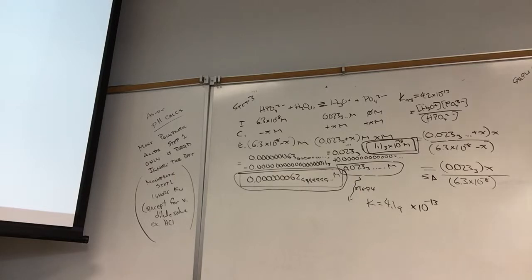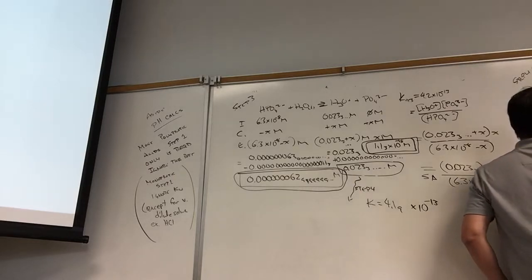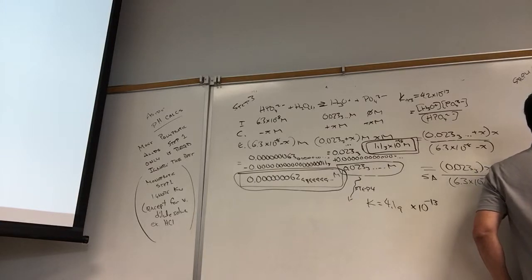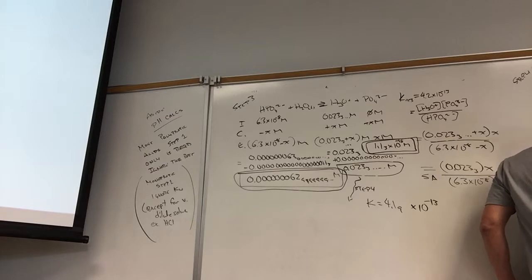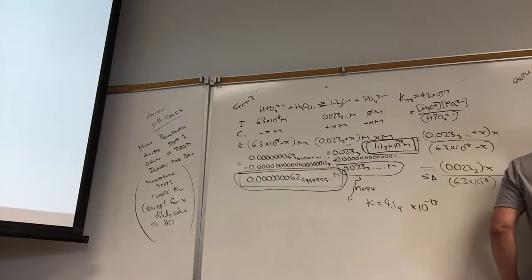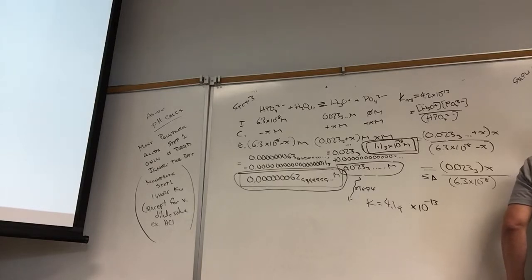That's good. And so did we get much more additional hydronium? So this is 0.0233 plus, we're going to get 4.29 times 10 to the minus 13, so that's 12 zeros, and then 429.